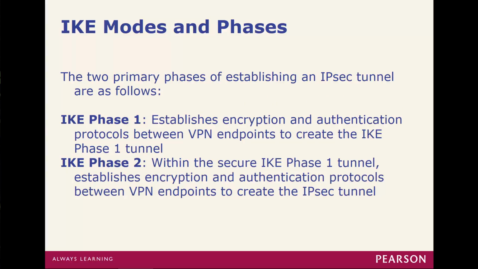To establish that connection, we have 2 phases. Phase 1 will establish the encryption and authentication protocol between endpoints to create the IKE Phase 1 tunnel. Once the Phase 1 tunnel occurs, it will use Phase 2 to create the IPsec tunnel.